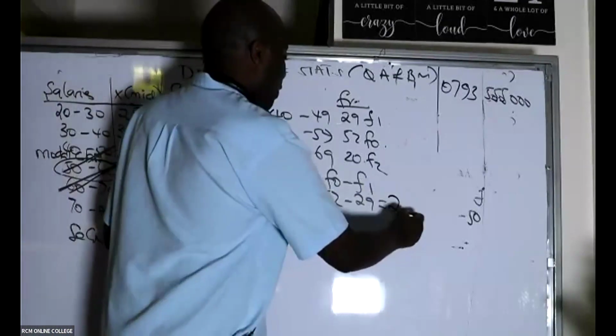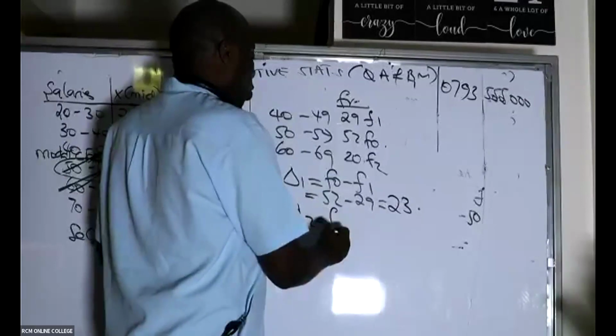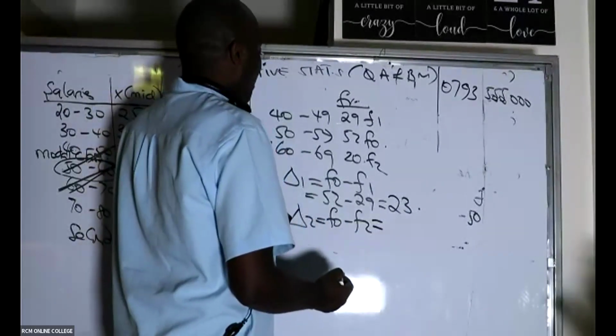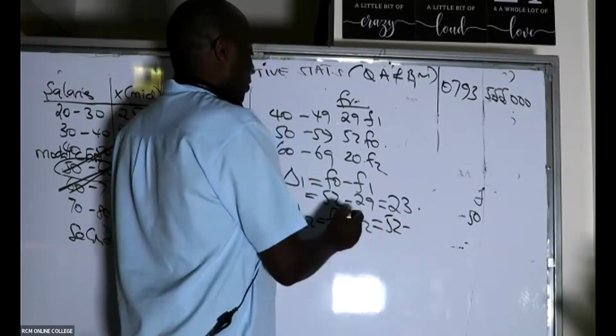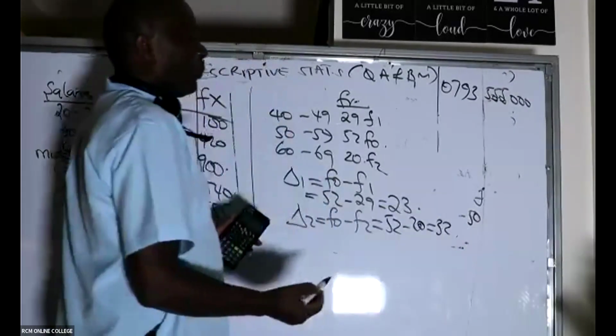Then we have delta 2, which is F0 minus F2. F0 will always remain the same, 52, minus F2, which is 20. This gives me 32.